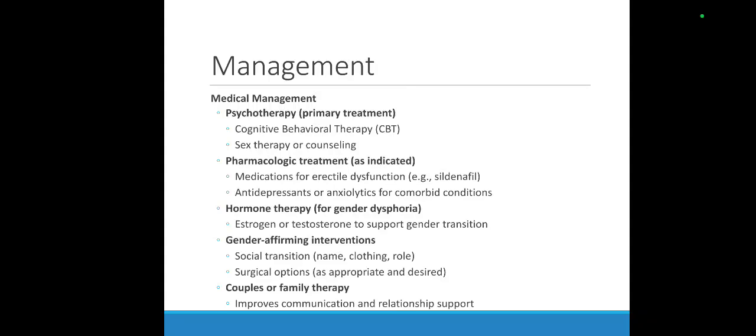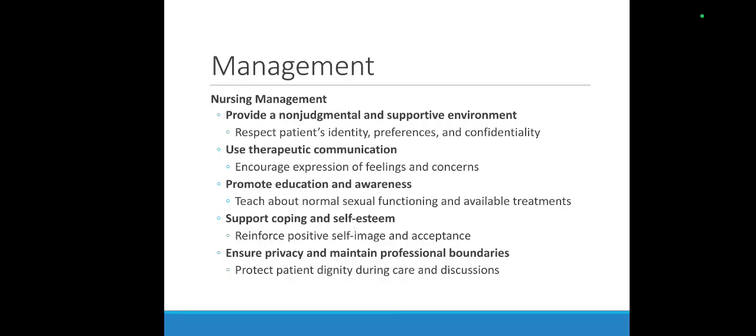Again, if it's desired by the patient and if it's allowed and the body can tolerate those transitions, then okay. But if not, then we don't have to advise the patient to do the transition or surgical transition. For couples or family therapy, improve communication and relationship support.